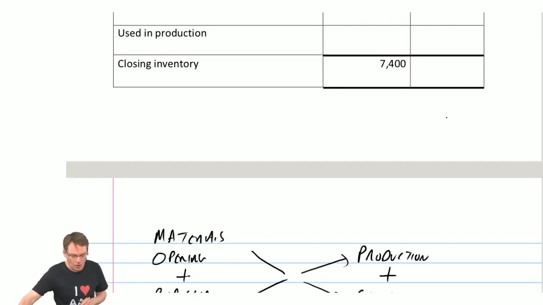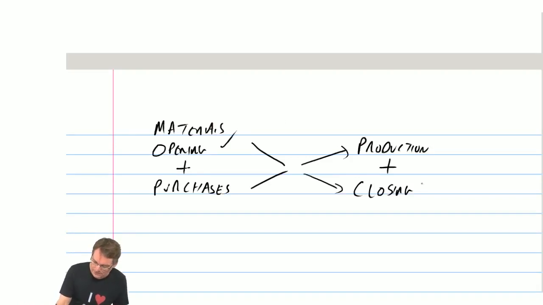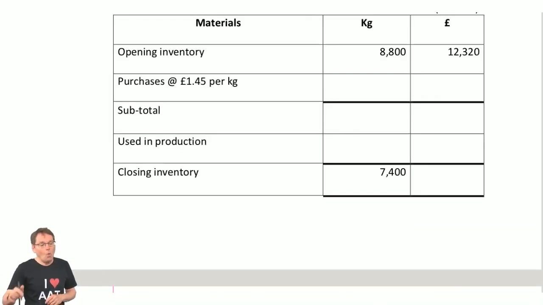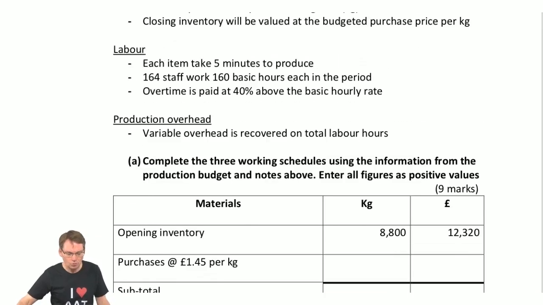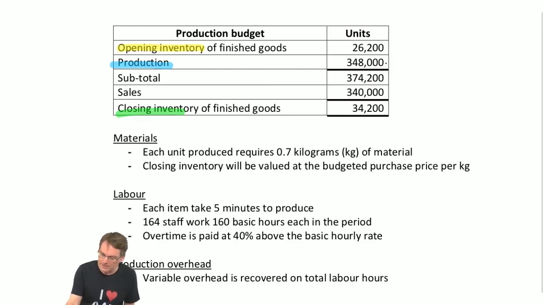Well, we're given the opening inventory and we're given the closing inventory. What we're not told is the purchases or the production. But we can work out what the production is because we are told how many items we made. We were told that we made 348,000 units.